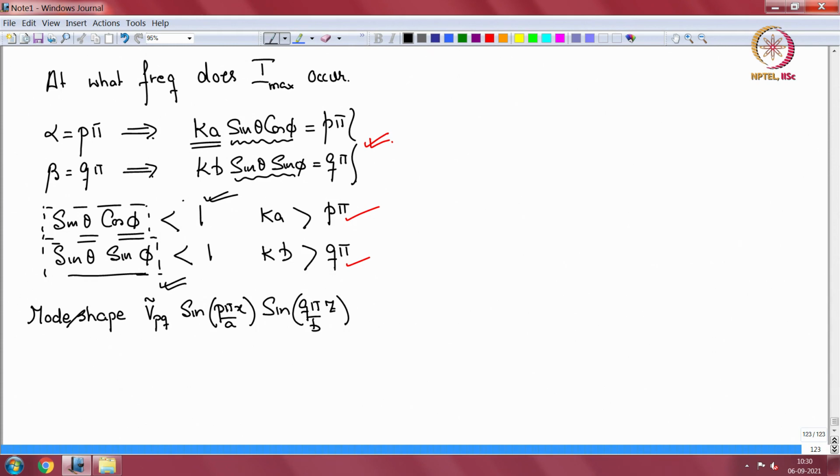Which means my k in the x direction is equal to p pi by a. So Ka greater than p pi implies k greater than p pi by a, implies k greater than kx, the modal wave number. So these are the modal wave numbers.